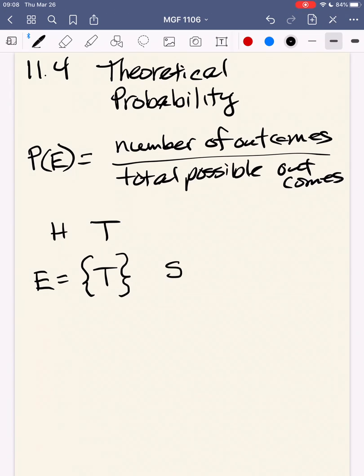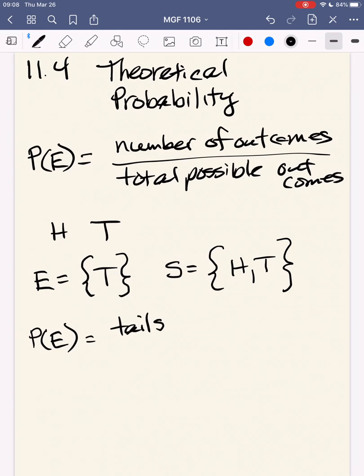My sample space consists of two possibilities, either heads or tails, one or the other. Okay, so if I'm looking for tails, my probability, theoretically, is I get tails up, so I get a tails, over my total tosses.